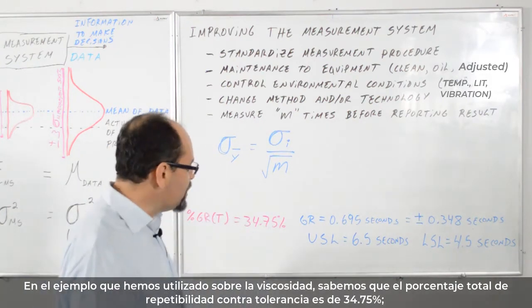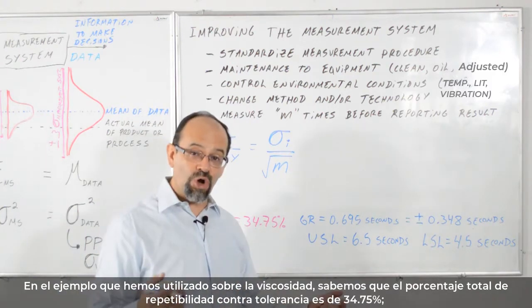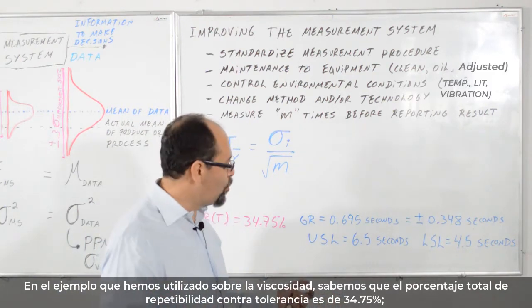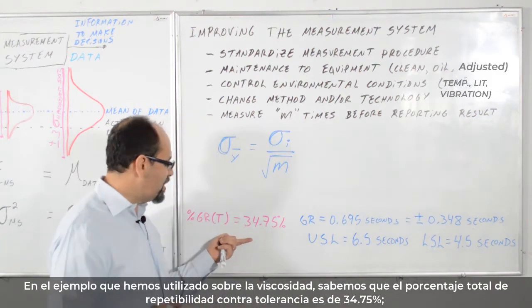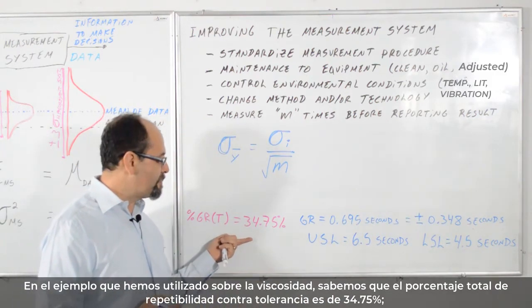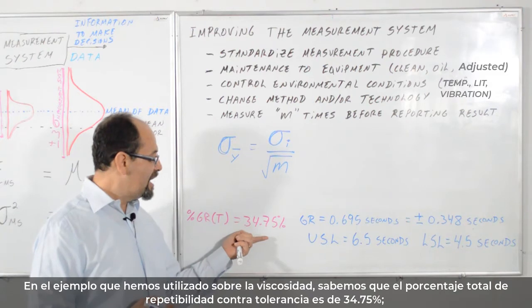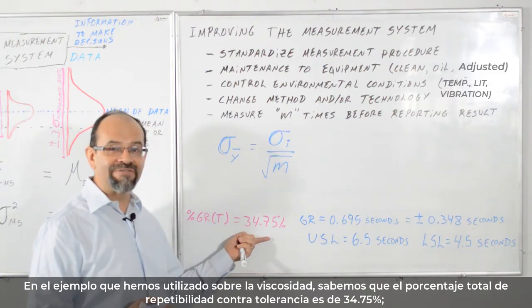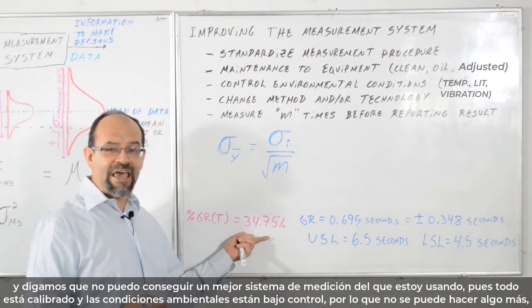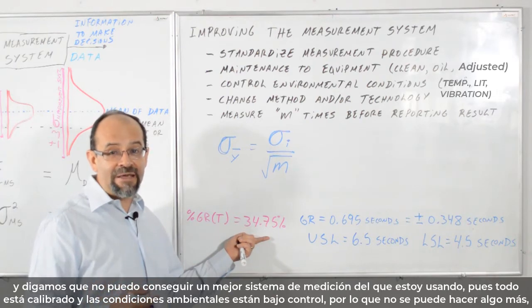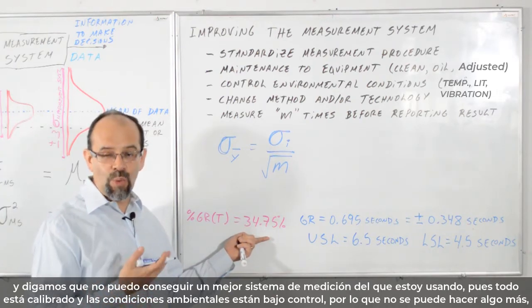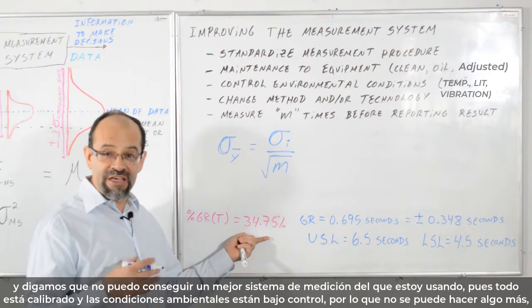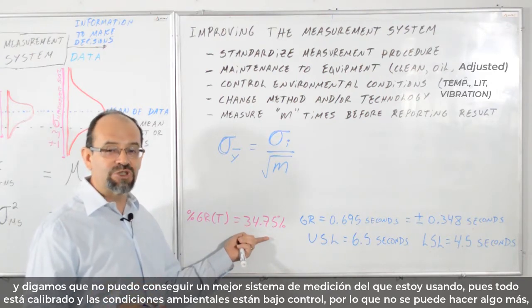For instance, I know that for viscosity, the example that I have talked about before, my total percentage of repeatability against tolerance is 34.75%. Let's say that I cannot get any better measurement system than the one I am using. Everything is calibrated, the environmental conditions are under control, so nothing else can be done.